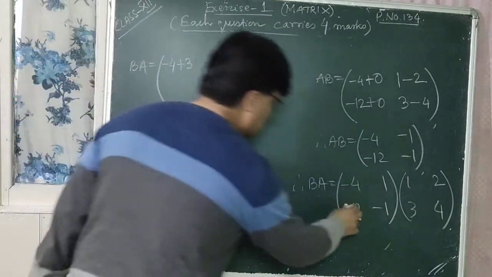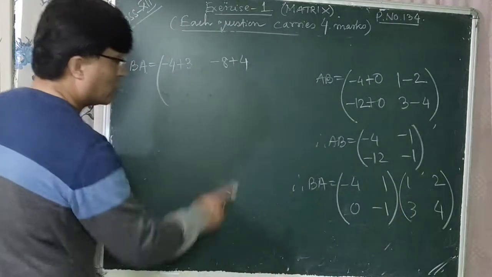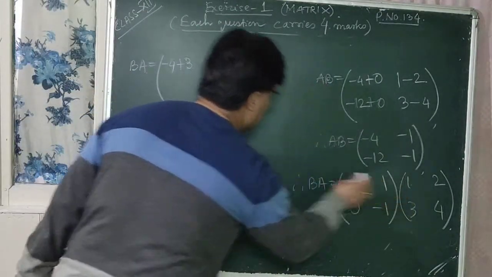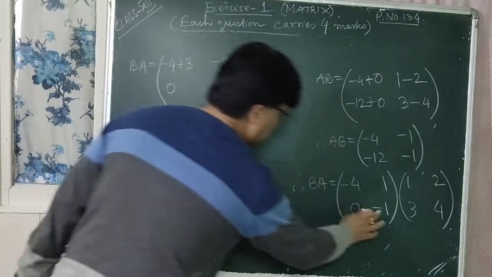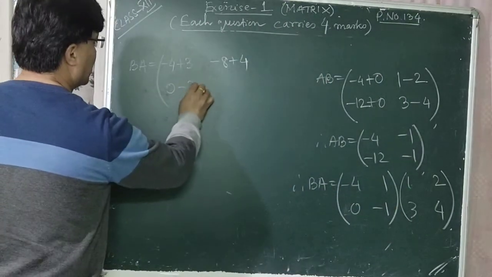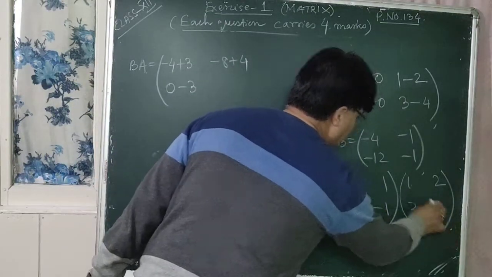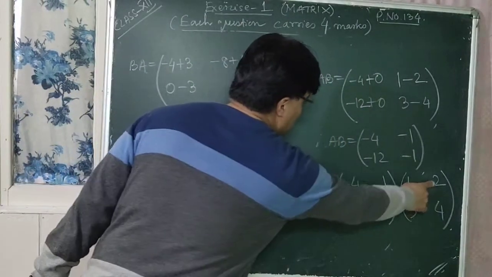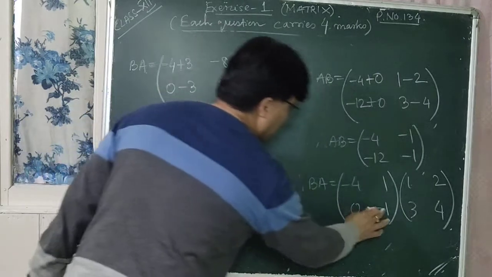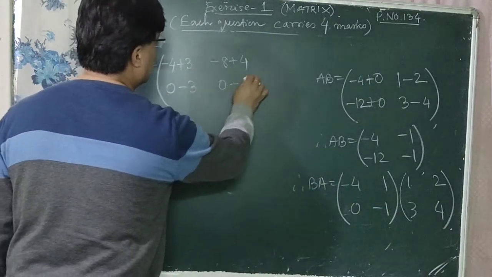Next, this second row should be multiplied by the first column, 0 ones are 0, then minus 3, right? Next, this second row is multiplied by the second column, 0 2s are 0, and minus 1 into 4, minus 4.